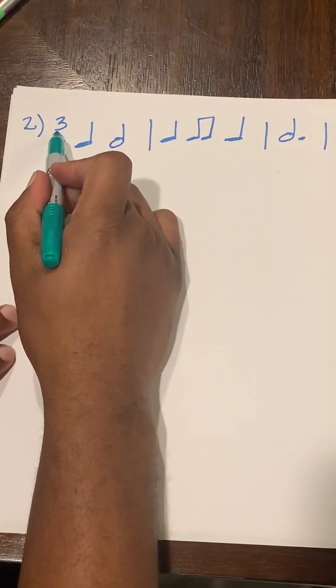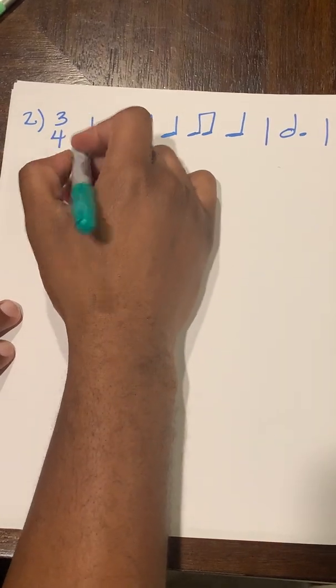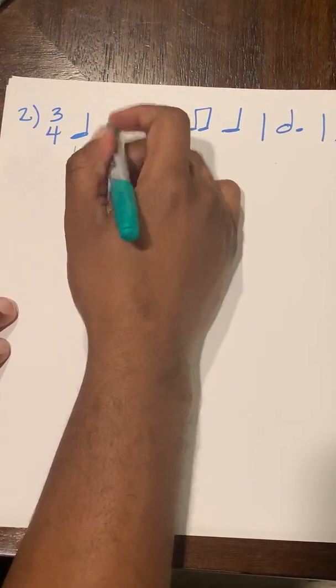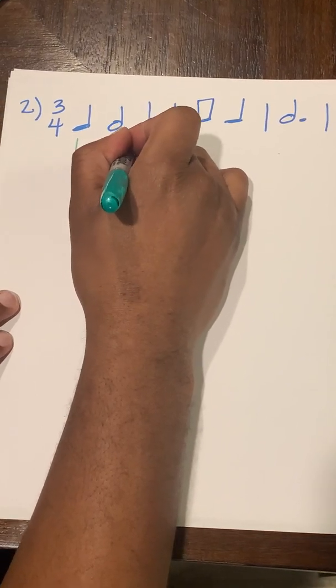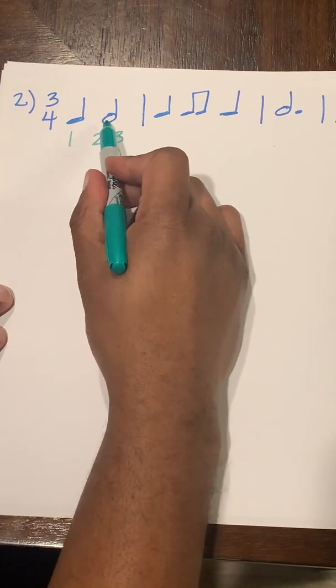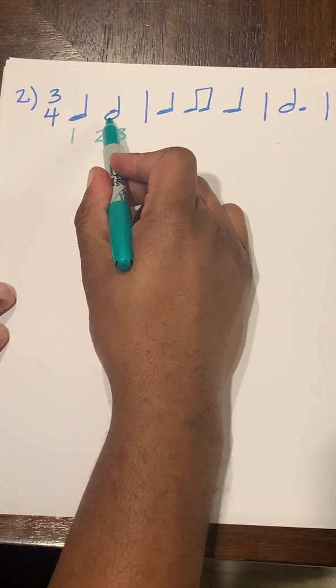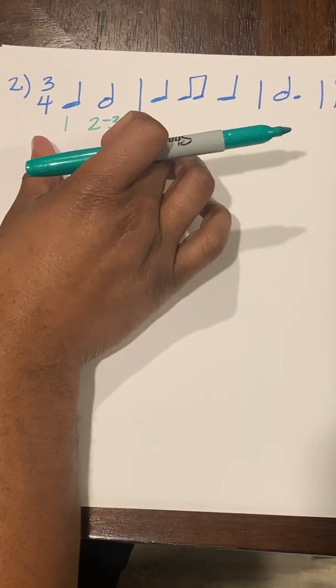There are 3 beats in each measure. This first quarter note falls on beat 1. The half note receives 2 beats. So we write 2-3 to show that both beats 2 and 3 belong to this half note. This measure is now complete.